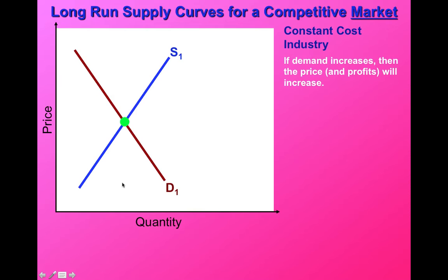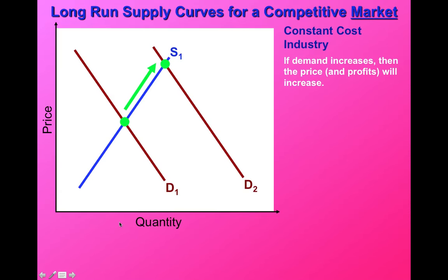We're at equilibrium, some sort of long-run equilibrium. But then let's say demand for whatever this product is increases. Well, in the short run, you can see that the market price will rise dramatically, and so will the quantity. The market quantity obviously has gone up too.